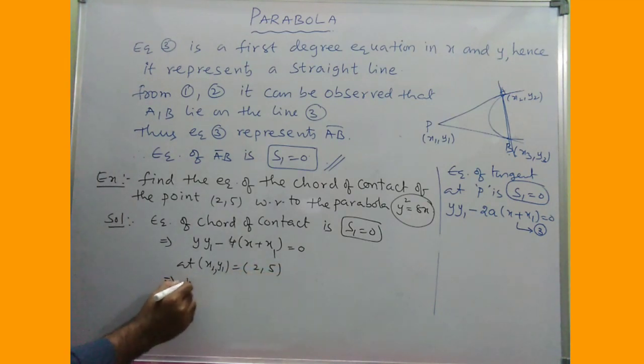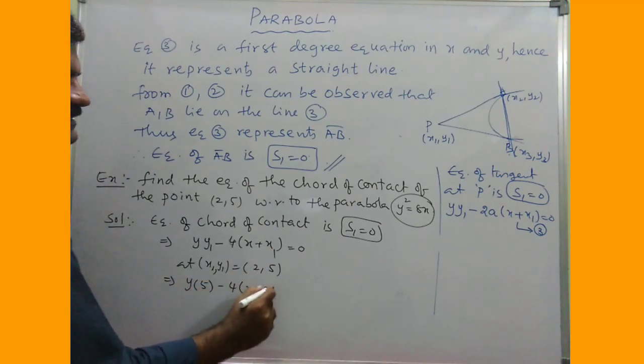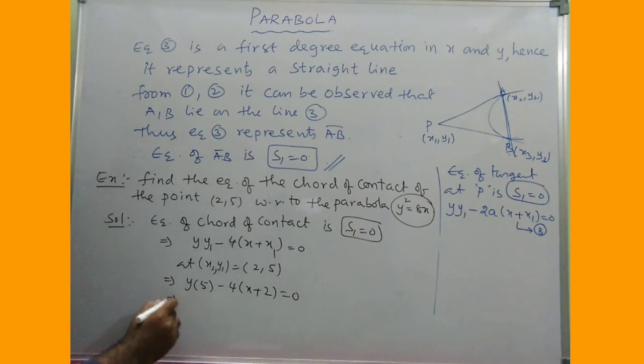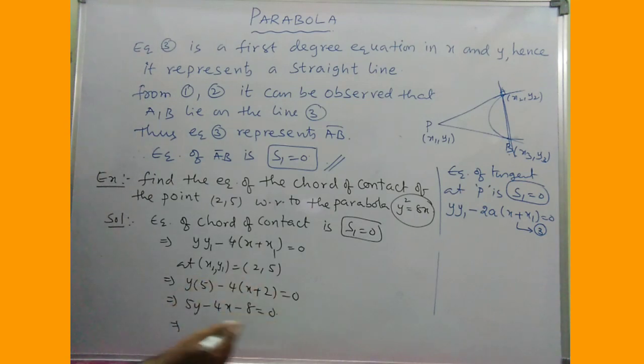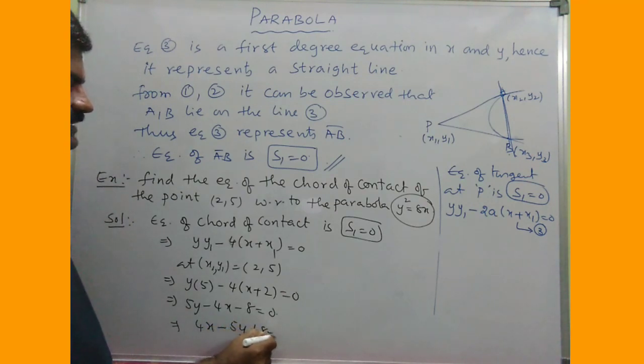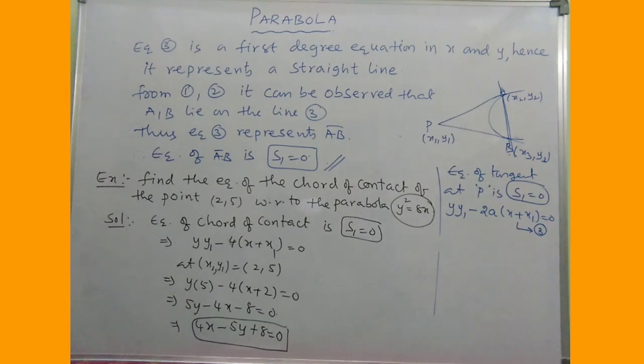So just replace y into y1 as 5y minus 4 into x plus x1, which is 2. So this is 5y minus 4x minus 8 equals 0. Better if you send all these things to that side, then 4x minus 5y plus 8 equals 0 is the equation of chord of contact.